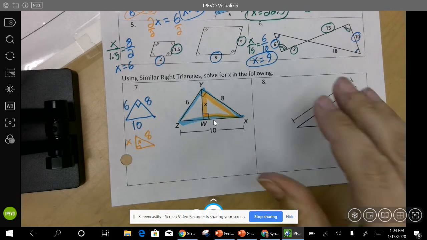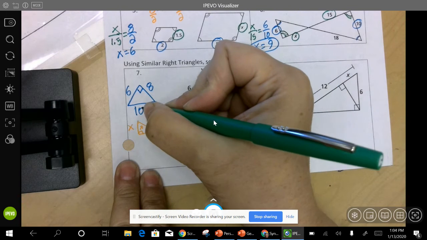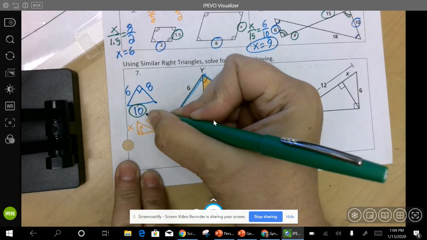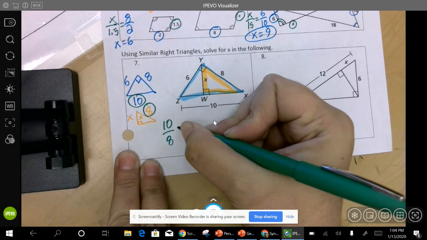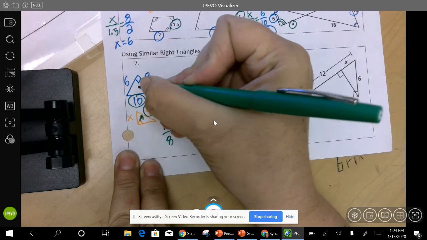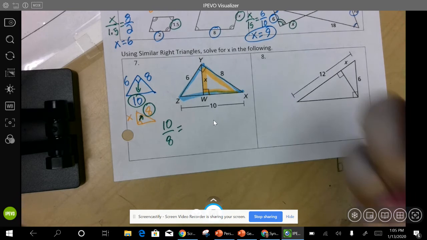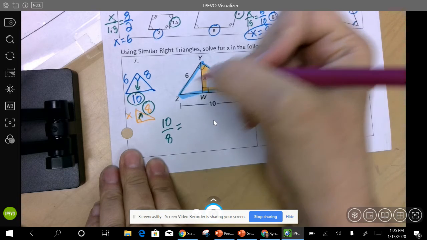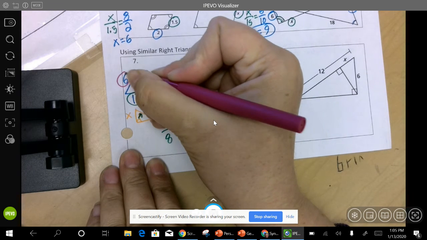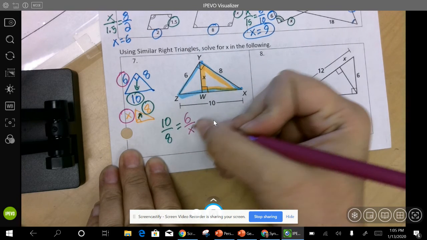Okay, so I am going to use 10 over 8. Notice that those are both the hypotenuse. And then I'm going to put 6 over x. So those are the shortest sides.